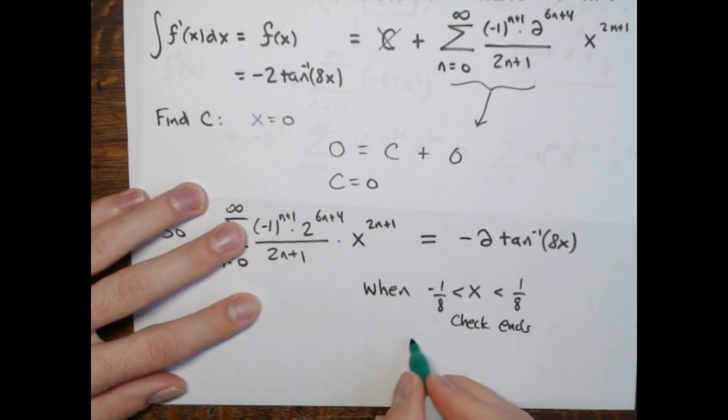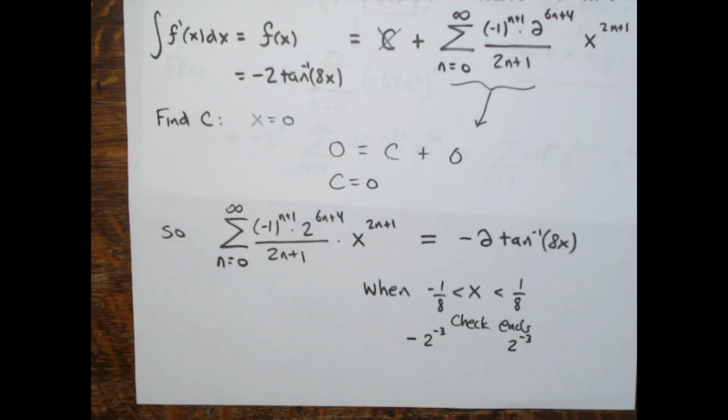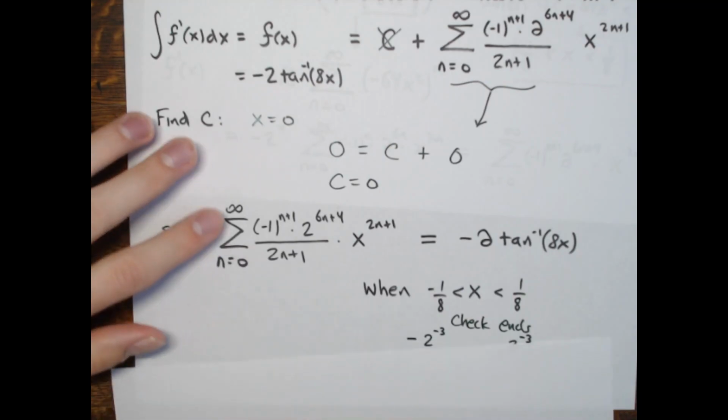Now negative 1/8 is the same thing as negative 2 to the negative 3, and positive 1/8 is 2 to the negative 3. I'm going to plug those in, because the powers of 2 here should make this nice. So I'll plug in the left end.